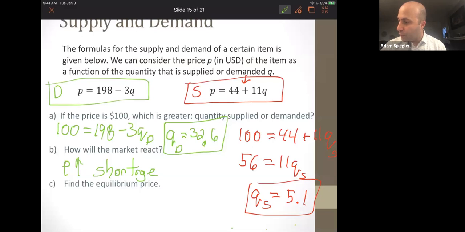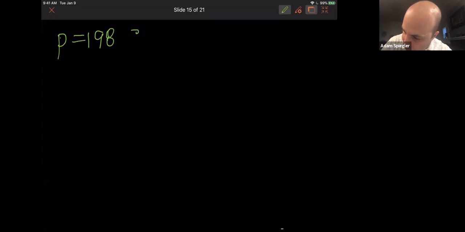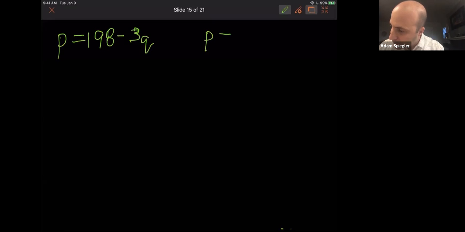So let me come over to a fresh slide. Let me get these equations. The demand was P equals 198 minus 3Q, and the supply was P equals 44 plus 11Q.